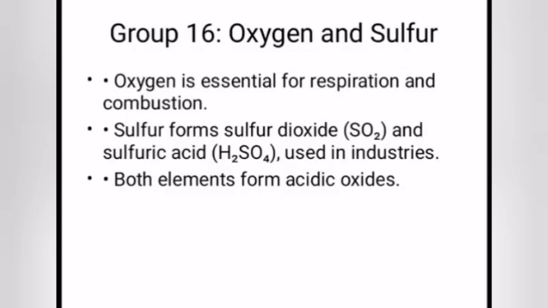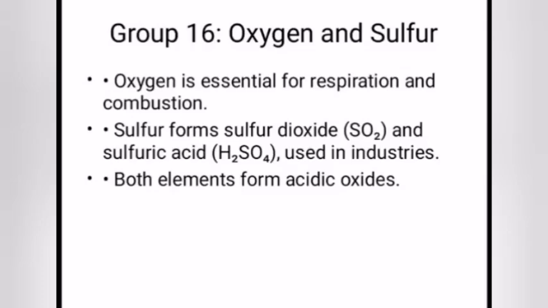So when they react with oxygen, and their output reacts with hydrogen, they form acidic oxides. You can see it in the case of H2CO3, H3PO4, and H2SO4.